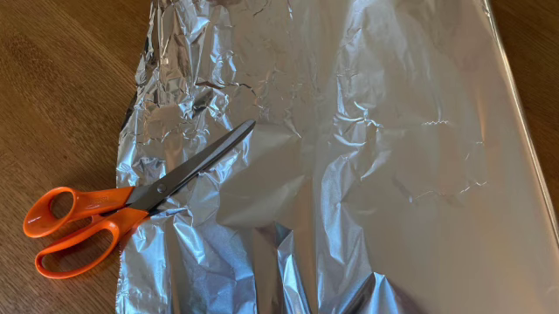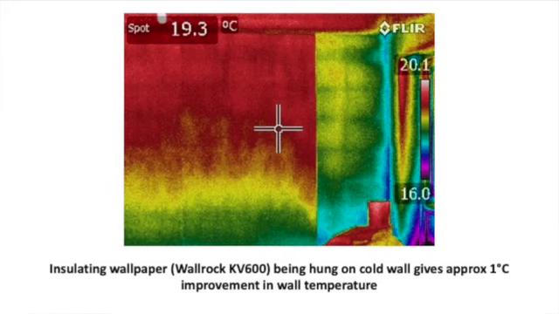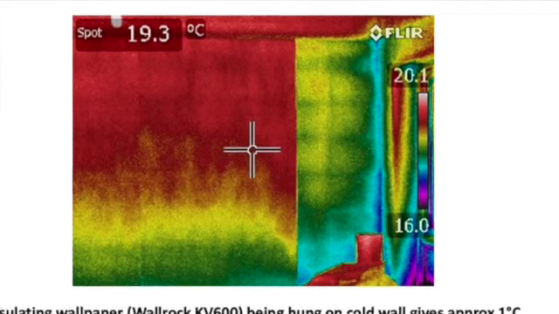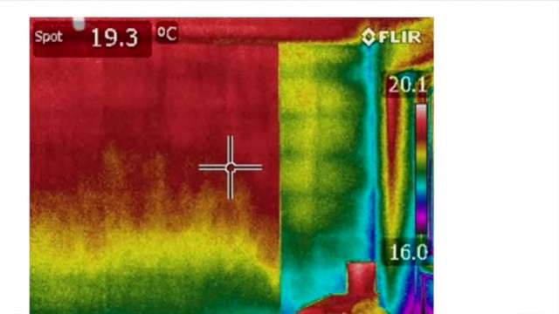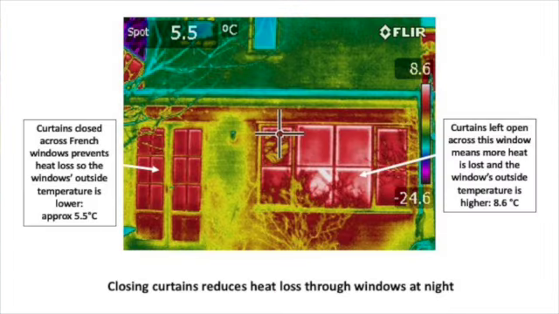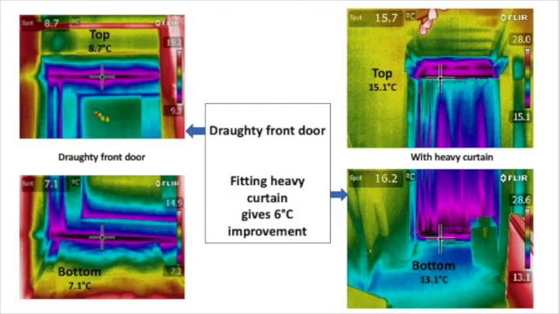We've talked about putting foil behind radiators to reflect the heat back into the room. And we've seen how insulated wallpaper can significantly improve the comfort in a cold room that's got cold walls. And we've seen the benefit of closing curtains across windows and hanging a heavy door curtain across our front door.